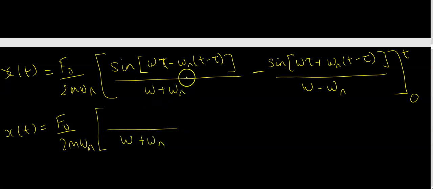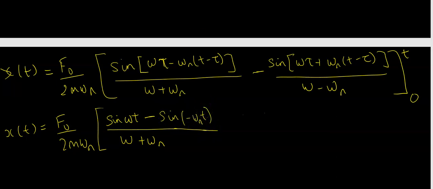When I substitute tau, remember it's tau you're substituting for, not t. When tau is equal to t, then t minus t is 0, and you actually just end up with sine omega t, and then you put in this minus sign, and then you say, well, tau is equal to 0, so you get sine of 0 minus omega n t, so it's actually going to be minus sine omega n t, right?